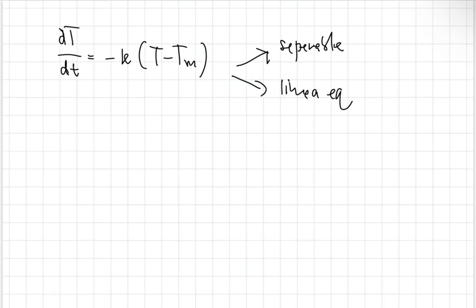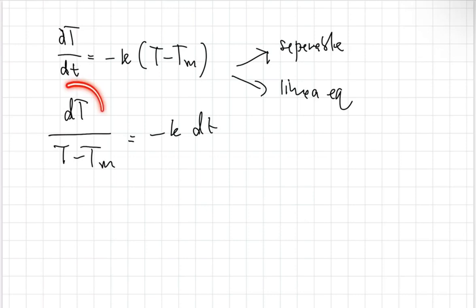For the separable method, dT divided by (T minus Tm) equals minus k dt. Now we have separated the variable T, capital T, on the left hand side and variable t, small letter t, on the right hand side. Integrate both sides.